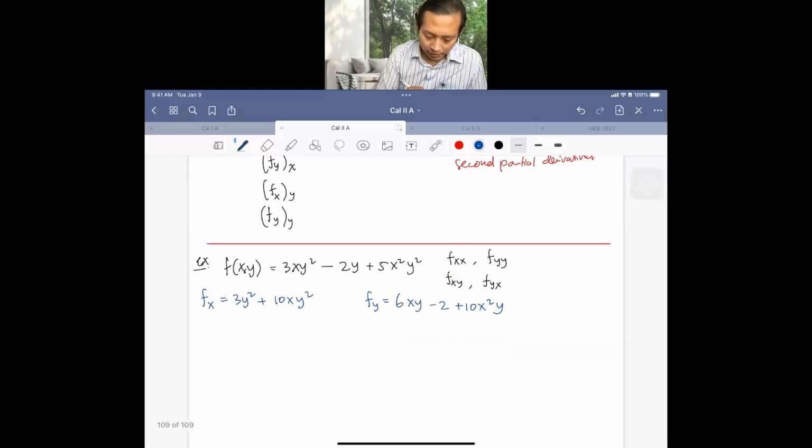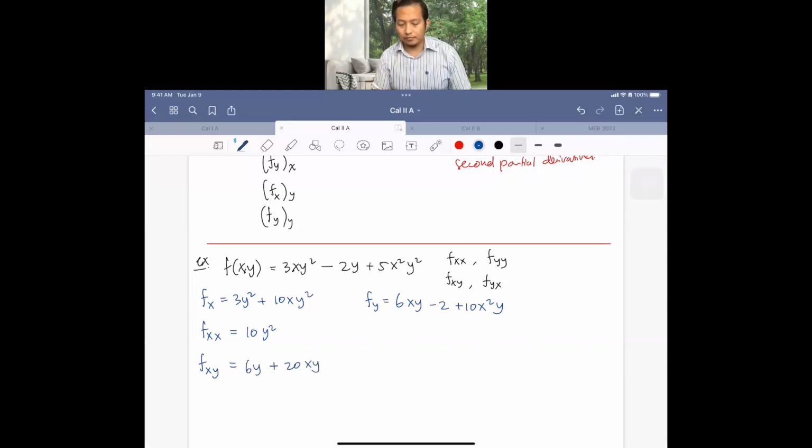Now from this partial x, we can get partial xx. So we are going to derive one more time with respect to x. Sorry, it's just x, so it should be just 10 y squared. For xy, we are going to take the derivative with respect to y, so 6y plus 20xy.